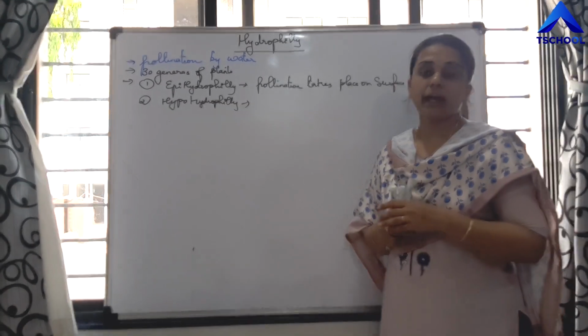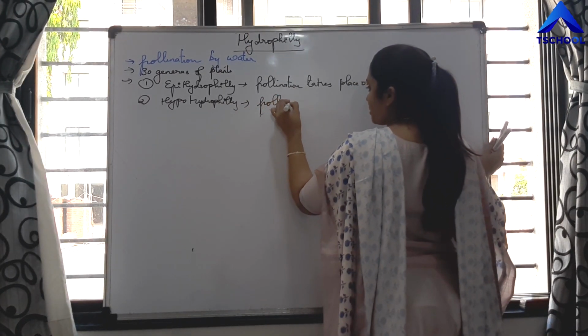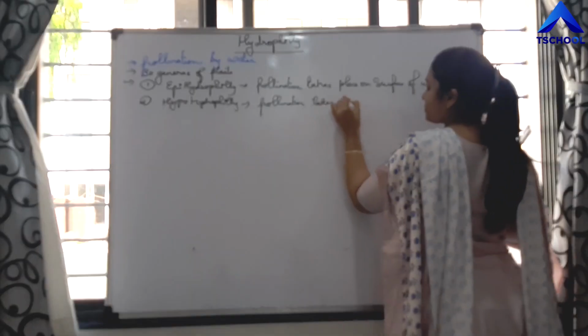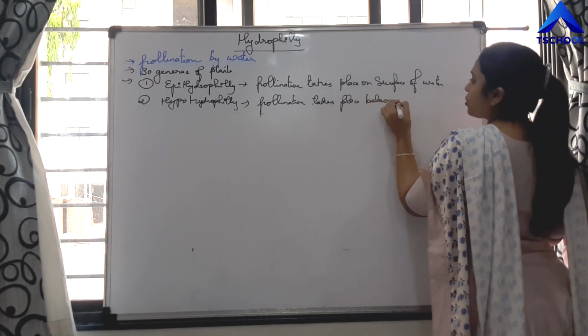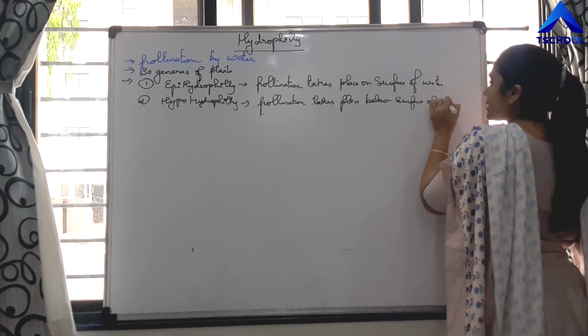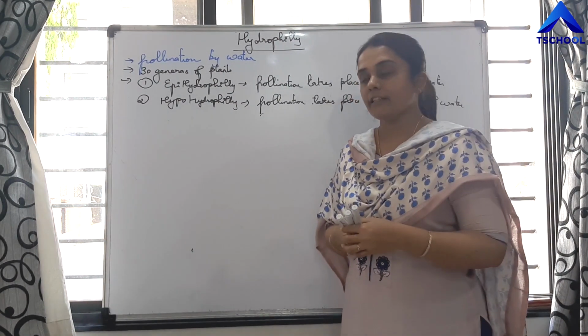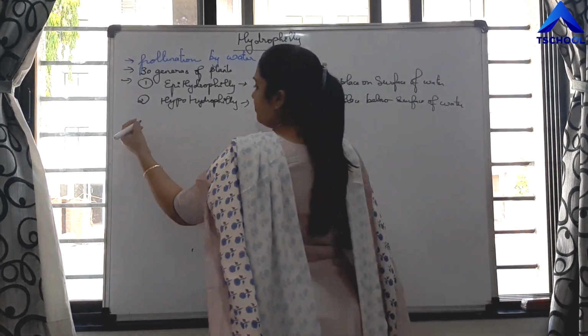That is called epihydrophily. And when pollination takes place below the surface of water, that is within water, then that is called hypohydrophily. We will study this with some examples.